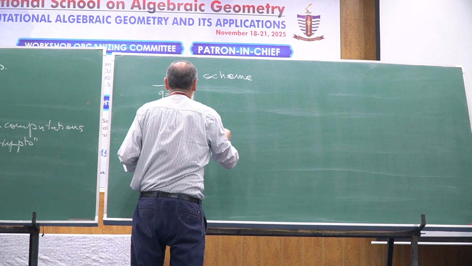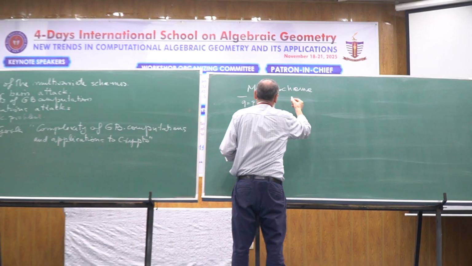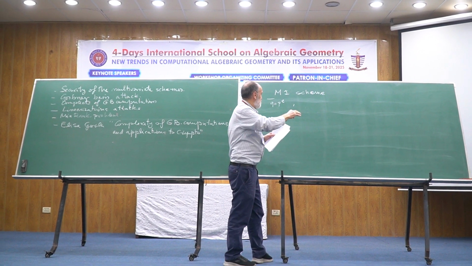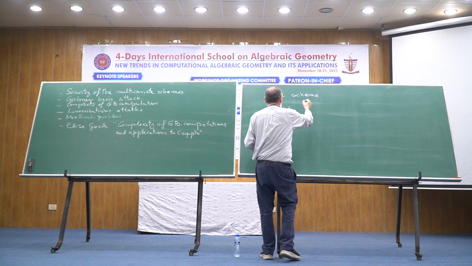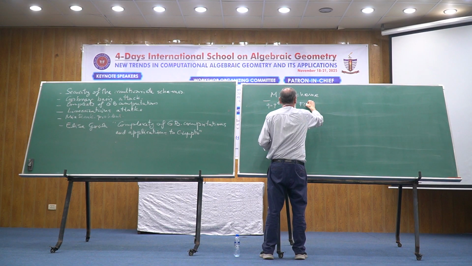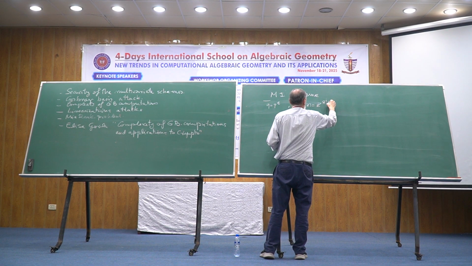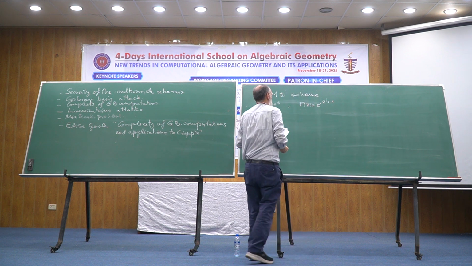I don't put the whole scheme, I do not repeat it, but the central map is F of Z equal to Z to the q to the i plus 1, okay?